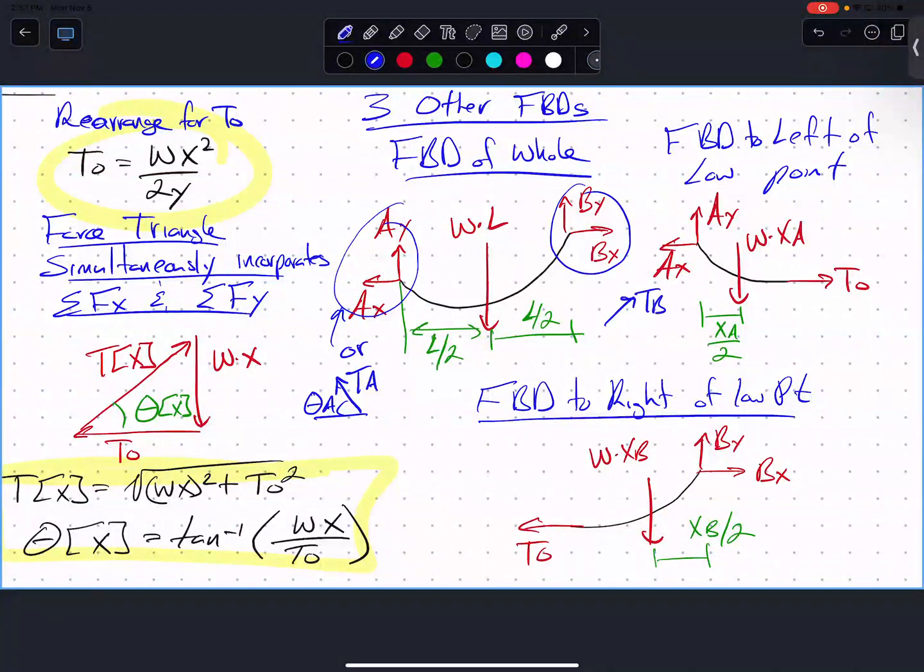Could have called it a TB at an unknown theta B. I like the BX and the BY, but there may be times, like if you know the tension at A, maybe you want to leave it as the tension, you want to draw it as a TA and a theta A. It's two unknowns in both cases, right? AX and AY or TA and a theta A. Those are both two unknowns.